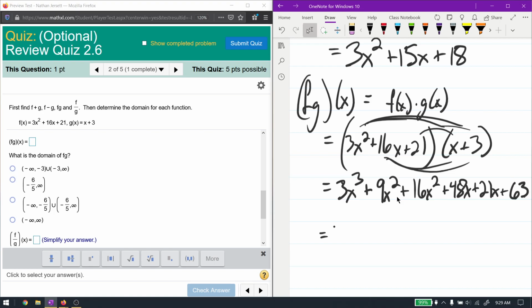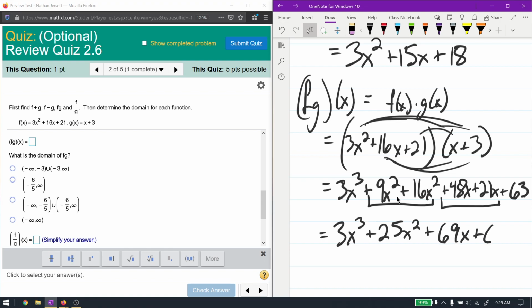Combining like terms, we get 3x cubed. These two are like terms. These two are also like terms. 9 plus 16, that's going to be 25x squared. 48 plus 21, 69x plus 63. Is that all correct?